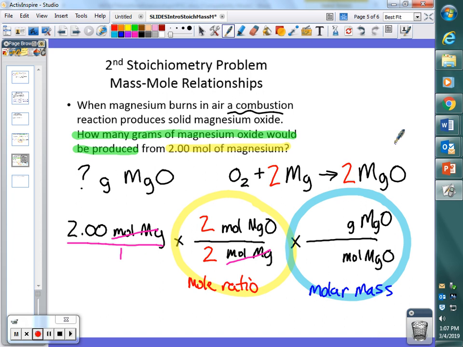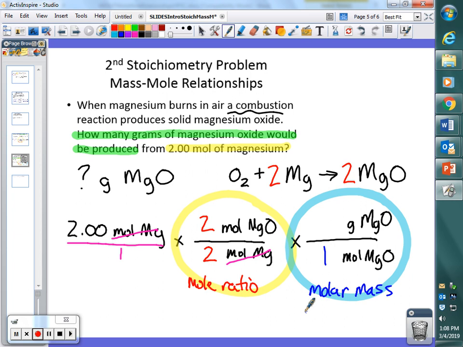Even though in our balanced equation we have a 2 coefficient in front of magnesium oxide, when we're talking about the molar mass, how many moles are we talking about? Just one. So even though we had a 2 coefficient in front of magnesium oxide in the mole ratio, when we're using the molar mass, we're only going to put a 1 there.